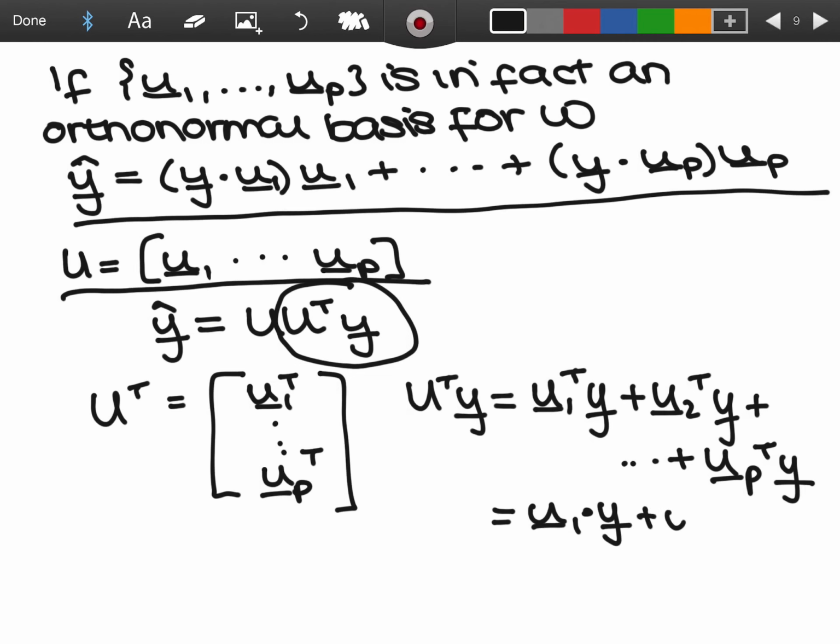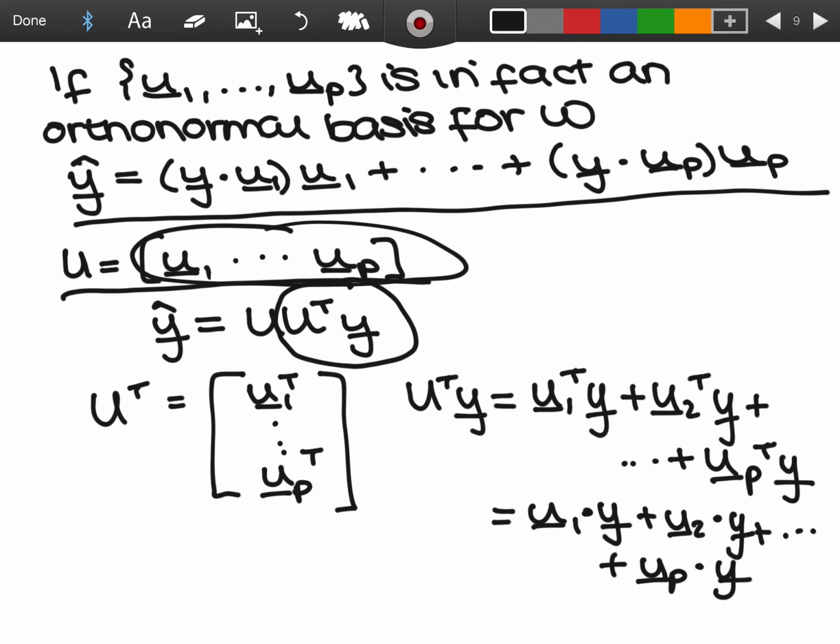So this would be U1 dot Y, U2 dot Y, through to UP dot Y.